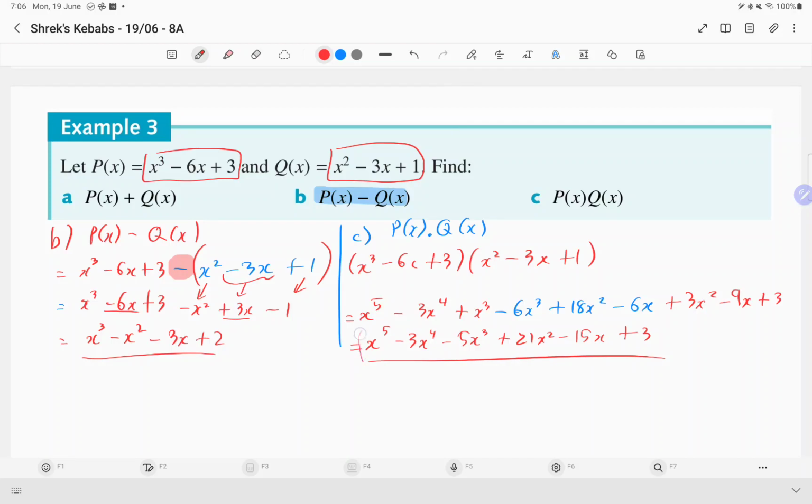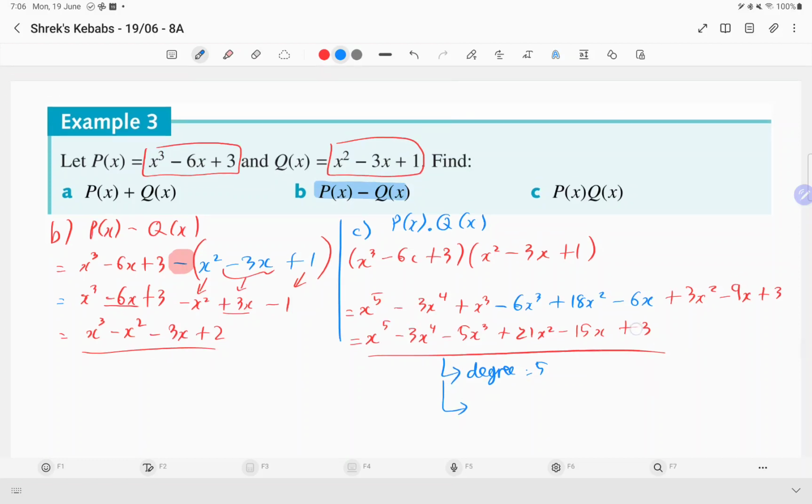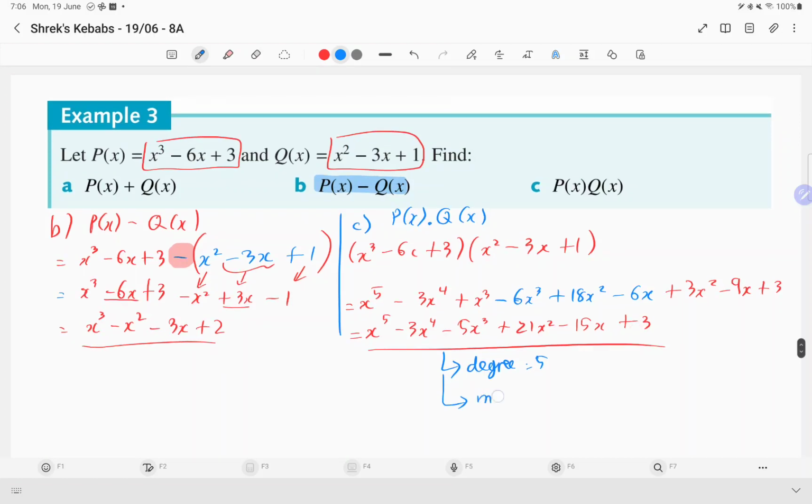What is the degree of this polynomial? Degree is 5? Correct. Degree is the highest power. So is this a monic or non-monic polynomial? Monic. Why monic? Yes, monic means 1.